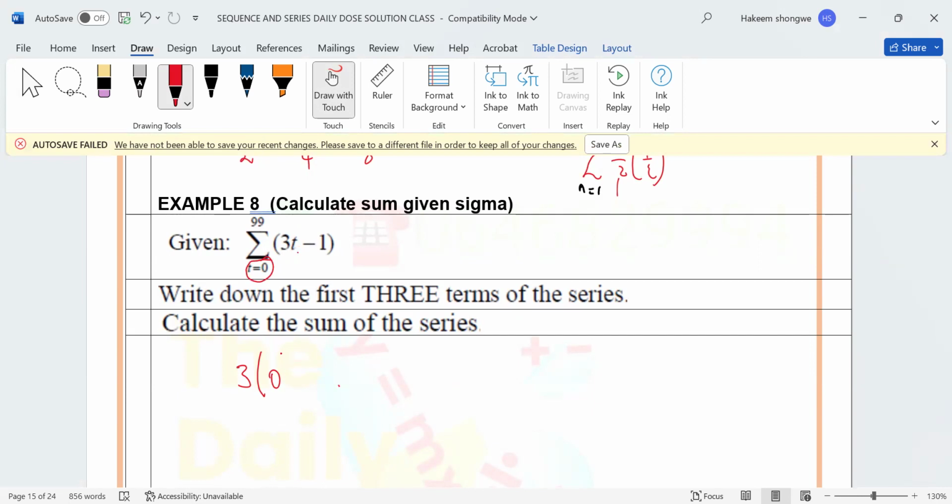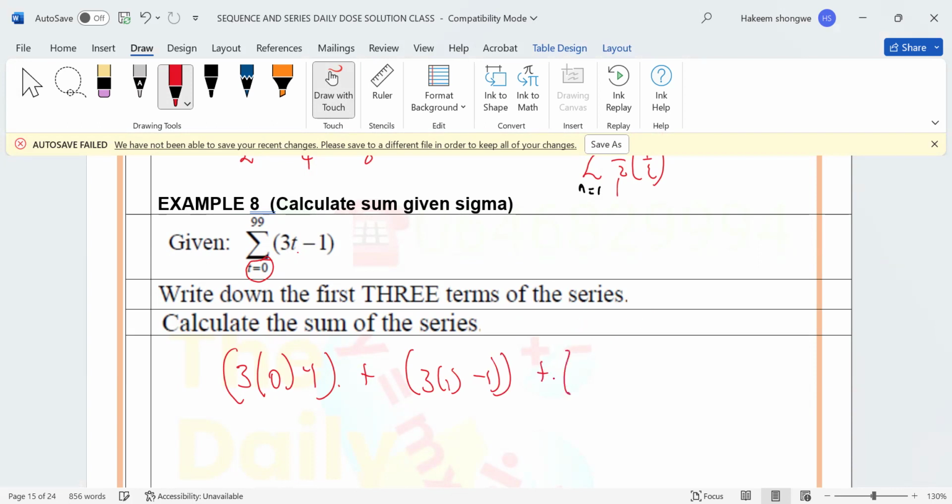And then it says 0 minus 1. Plus, this is going to be our term number 1. So at the bottom of the sigma, you're given the value that you substitute to get the first term. Now, after 0, what is the number that follows 0? The number that follows 0 is going to be 1. Then you say you have 3 multiplied by 1 minus 1. This is going to be the value that you substitute to get the second term.